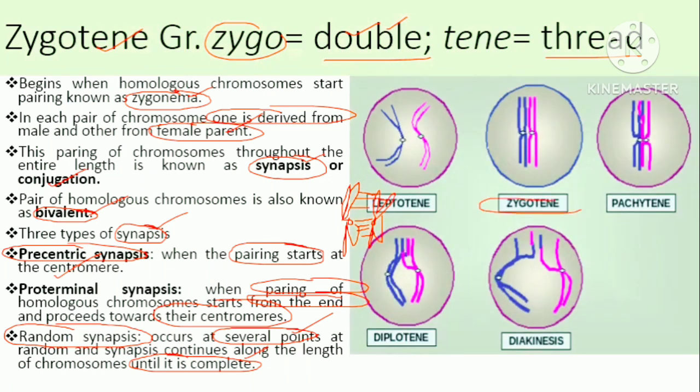So this zygotene stage involves mainly the formation of bivalents. And these bivalents consist of 4 arms. These are also termed as tetrad, while the single chromosome contains 2 arms, which is known as dyad. So these are some terms used for the number of chromatids.